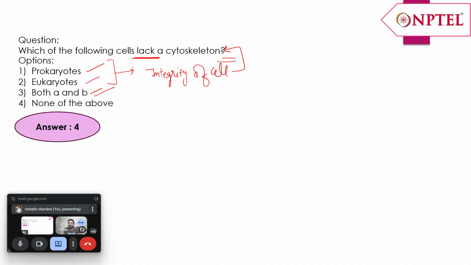So both kinds of cells, prokaryotes or eukaryotes, will have the cytoskeleton. Any doubts in this question? Okay, let's move on to the next question.